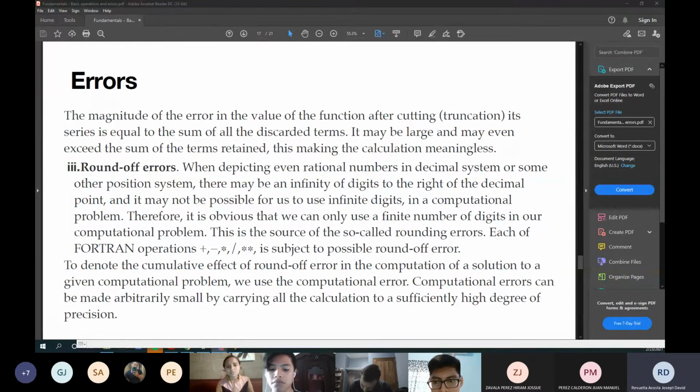Additionally, each of the computational programs that we were going to use here, such as Excel, Fortran, or R, have a limited capacity of numbers, right?